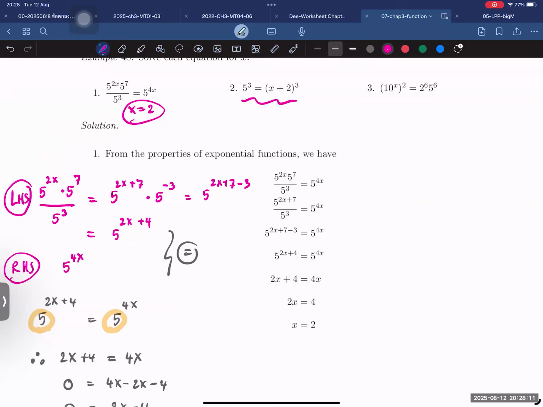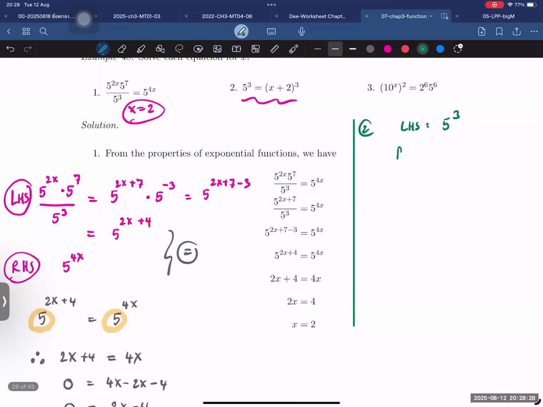Now, similar to the second question. Okay, second question, let me do this. Number 2, on the left-hand side, we got 5 cubed. And on the right-hand side, we got x plus 2 raised to the power of 3. So the power is the same, right?